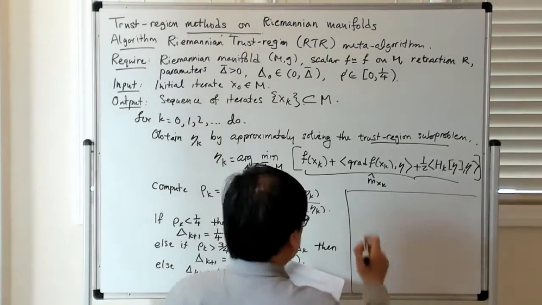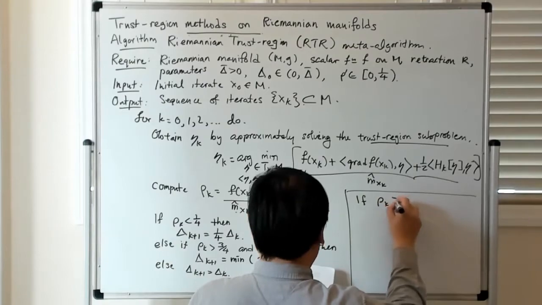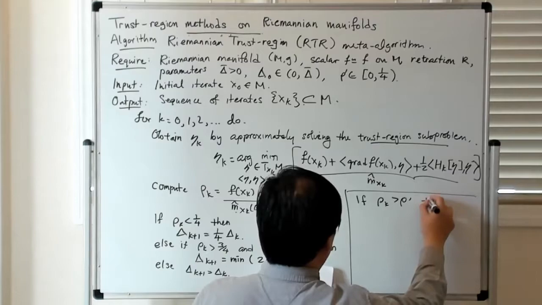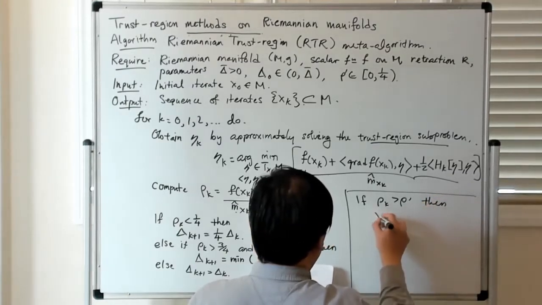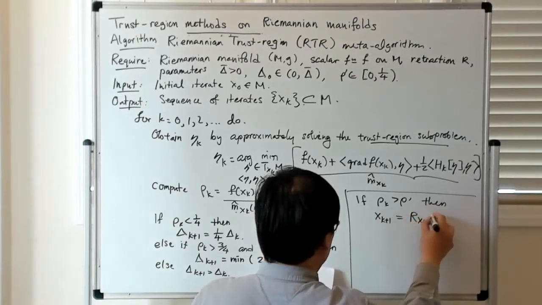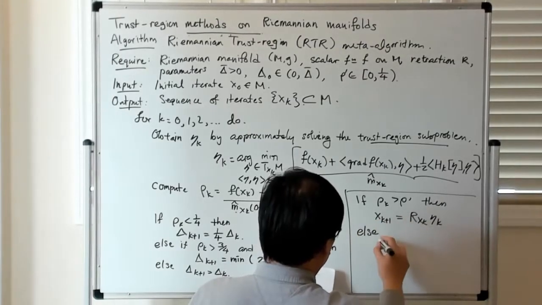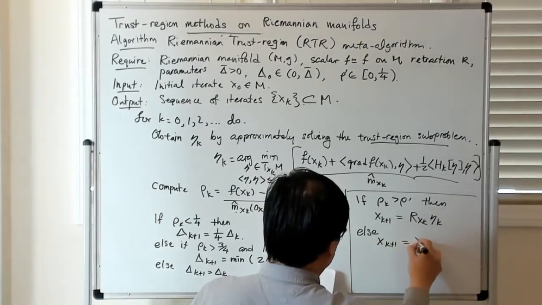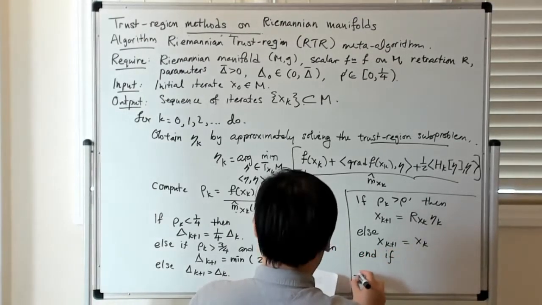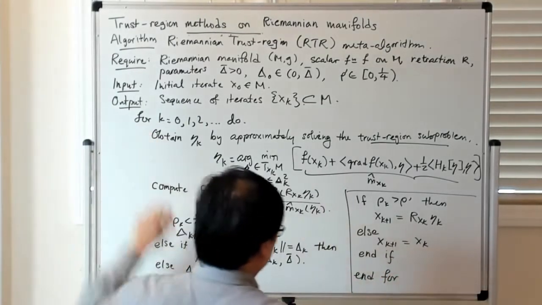So if rho k is greater than rho prime, which is this parameter I've chosen, then I accept the candidate step, so that xk plus 1 is the retraction at xk applied to eta k, else I discard it and say xk plus 1 is equal to xk. Then this ends the if statement, and then there's the for loop.